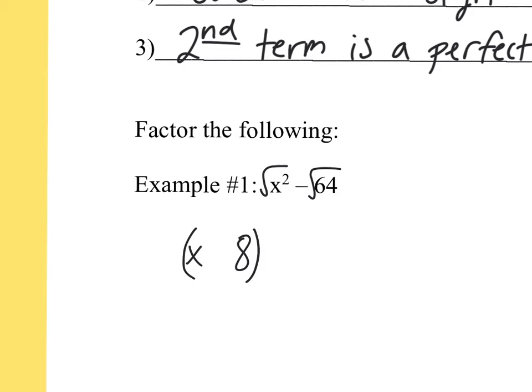So how I factor this, I need x plus 8 and x minus 8. You need a plus sign between the first 2, a minus sign between the second 2, after you've square rooted both terms. And that's it. That's your answer. That is how you factor when you have 2 perfect squares and a subtraction sign. So we should have that written down.